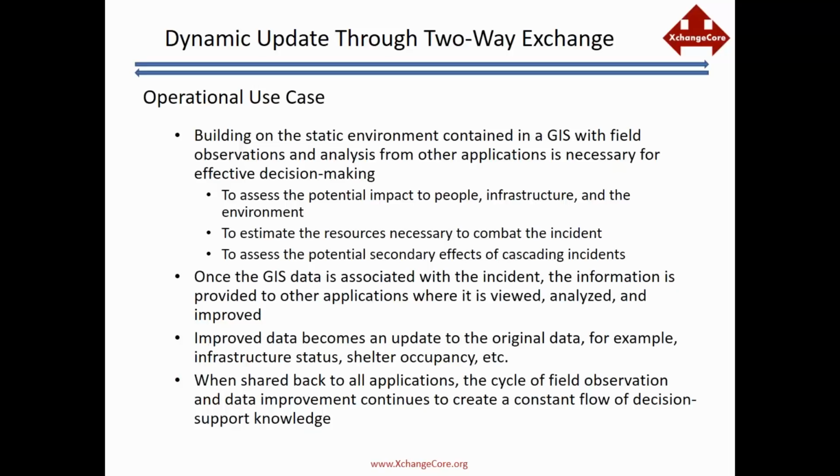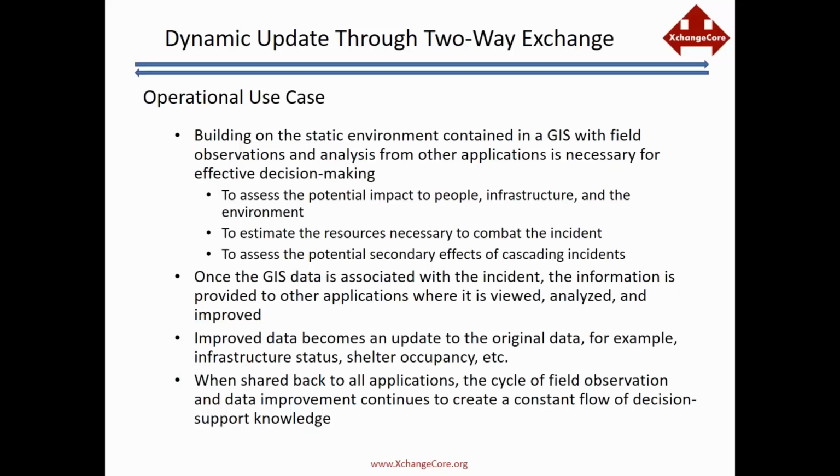And any other application is then going to be able to get the benefit of those changes and see the updates to that information without having to do anything smart or difficult or be notified or have any additional work on the part of anybody. It just creates this constant flow of decision support information.